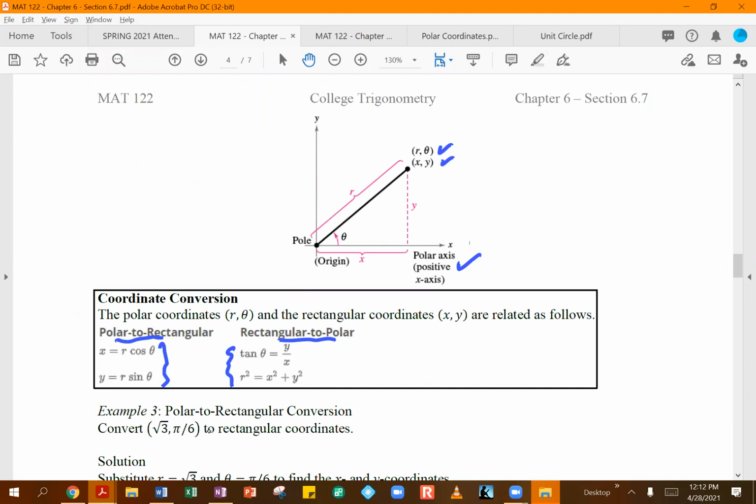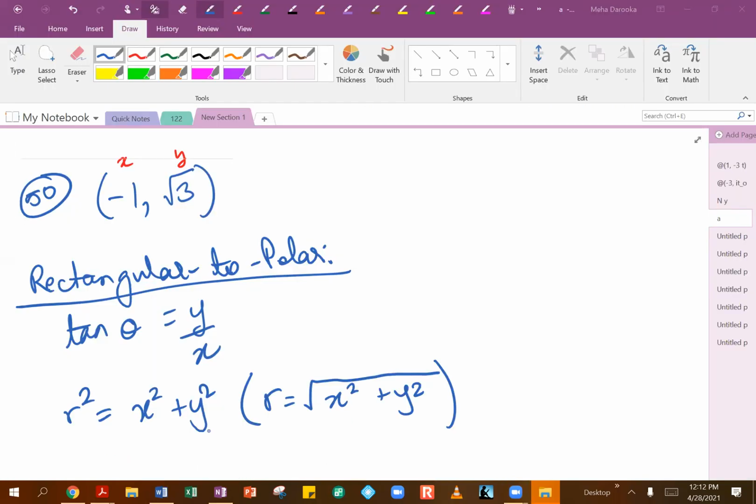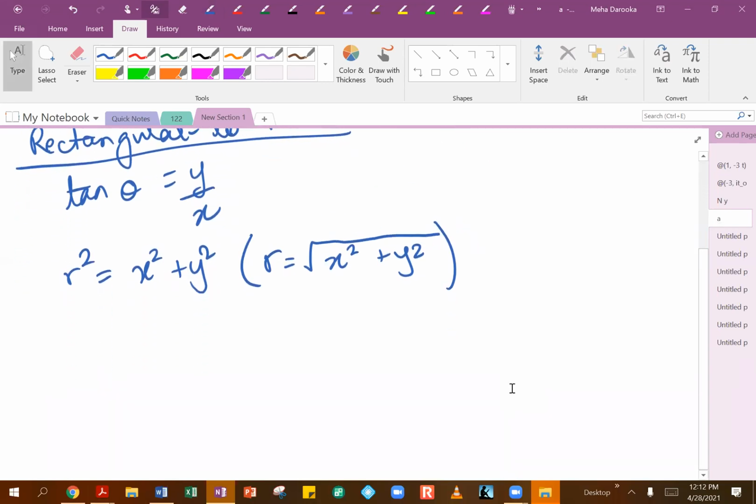So these are, again, the same formulas that I showed you over here. So remember, for the polar coordinates, we need to find the value of r and theta. And that's what these two formulas will help us do. So let's see what this ordered pair comes out to be. We'll start with the tangent function first. So tangent of theta is going to be y, which was square root of 3, over x, which was -1, so that comes out to be negative square root of 3.